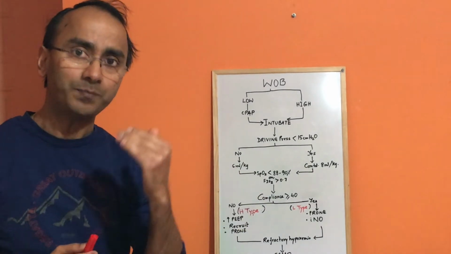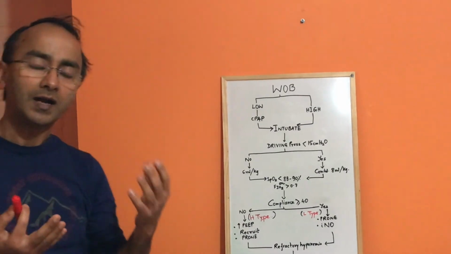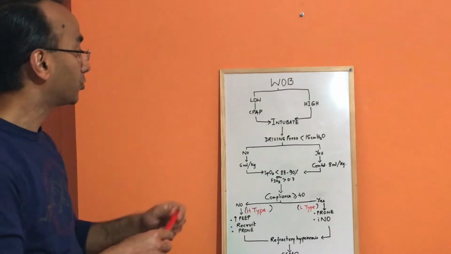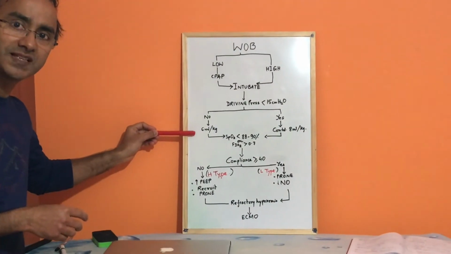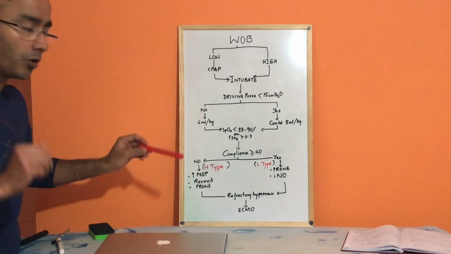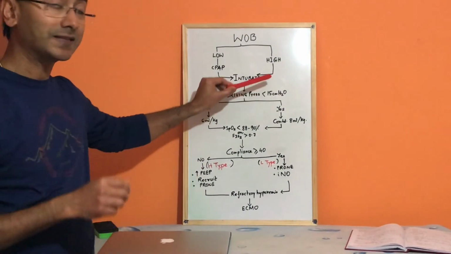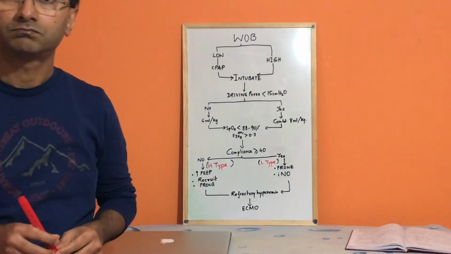So this gives us a screening tool. If the driving pressure is more than 15, that means the lung is probably quite less compliant. In these cases, we reduce the tidal volume to 6 ml per kilo of predicted body weight. But if the driving pressure is less than 15, we continue on 8 ml per kilo.